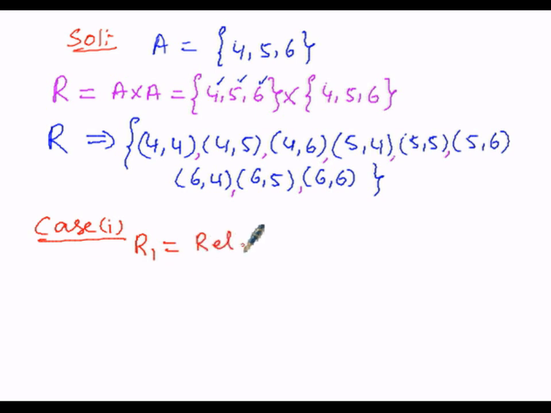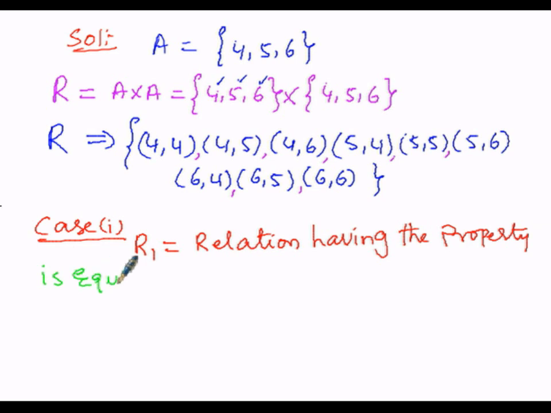Relation R1 is a relation having the property x equal to y for its elements. So there are 9 elements of the relation R, (4, 4), (4, 5), and so on up to (6, 6). There are 9 elements or 9 ordered pairs.